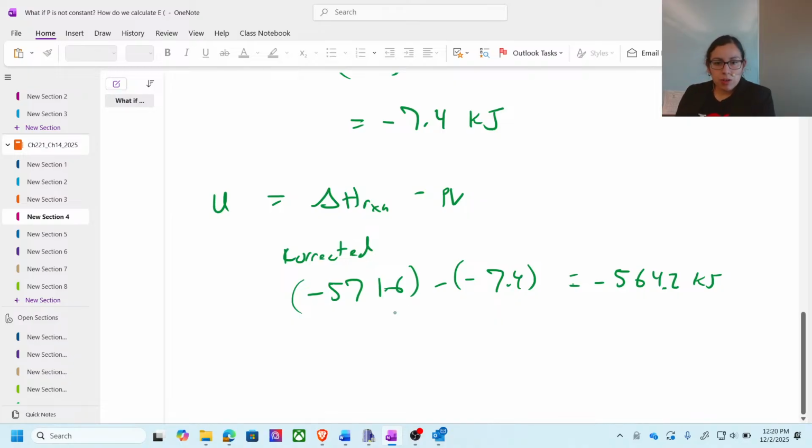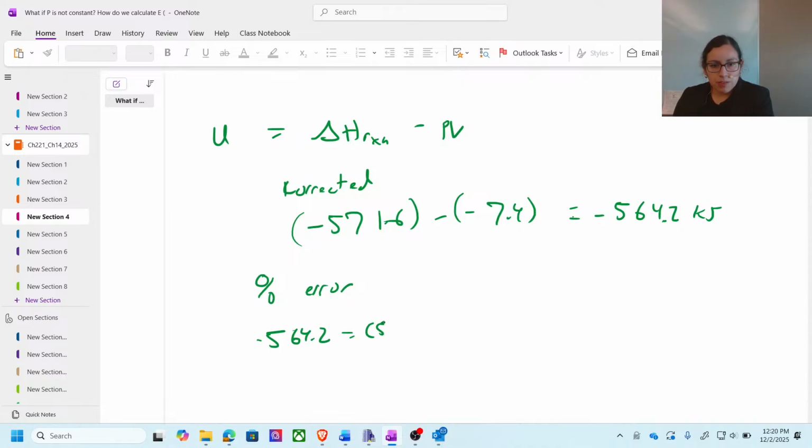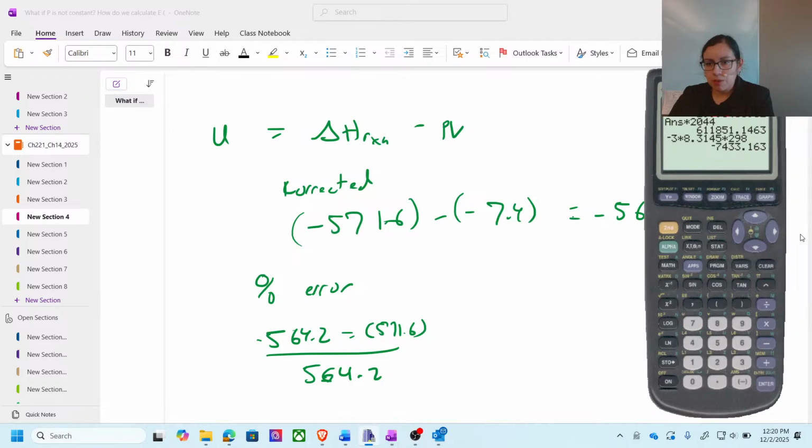And then we could calculate our percent error from this. And so then we can take 564.2 minus our 571. So we could calculate our percent error in that.